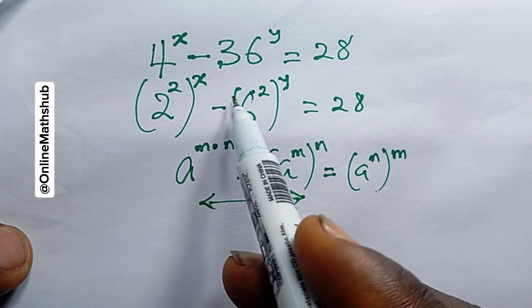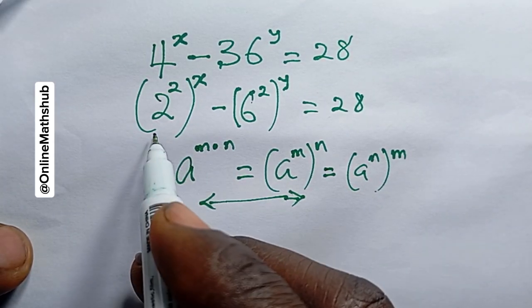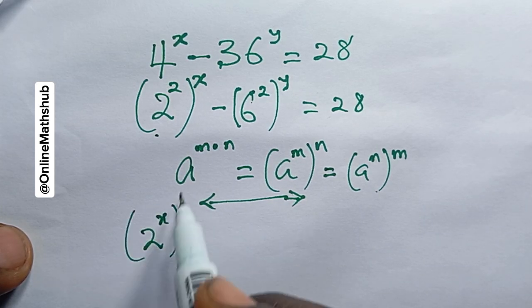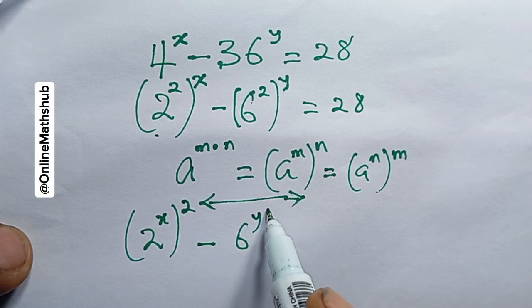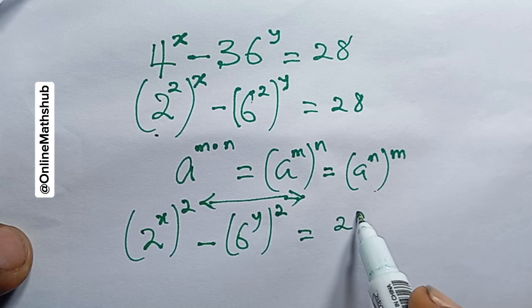Okay, so that's what I'm going to do right here. So if I do that, I'm going to write this as 2 power x and then raised to power 2, minus 6 power y, and then of course raised to power 2, is equal to 28.